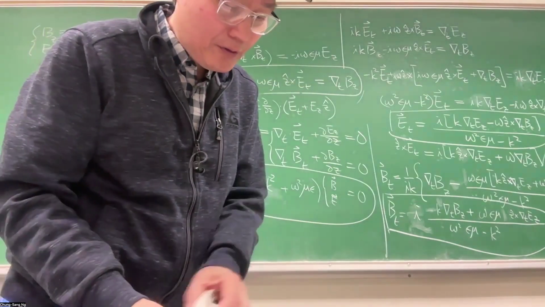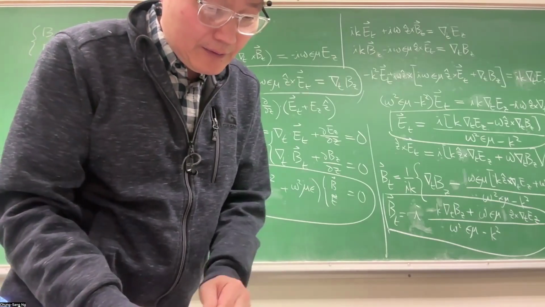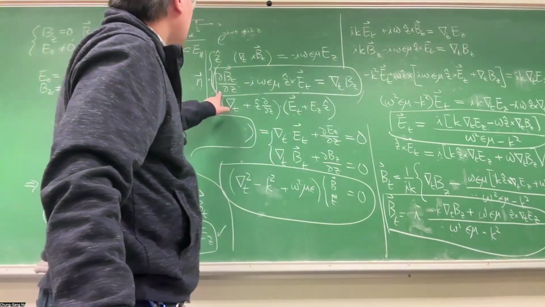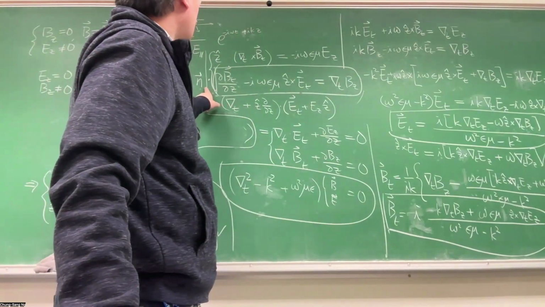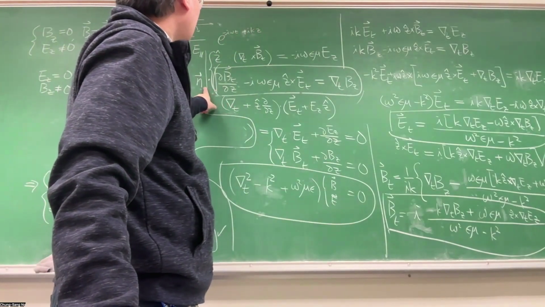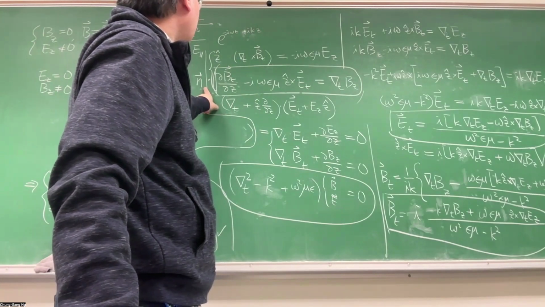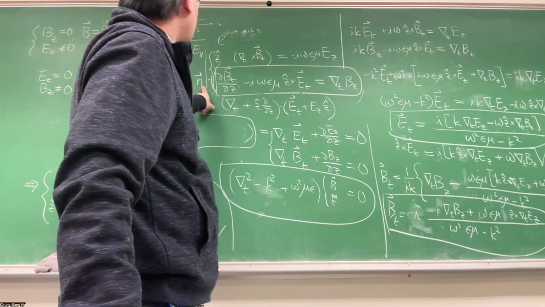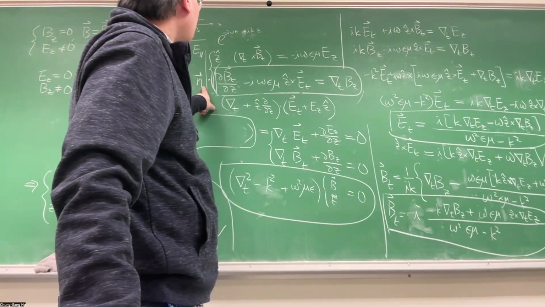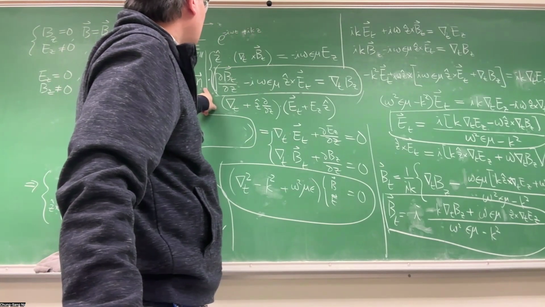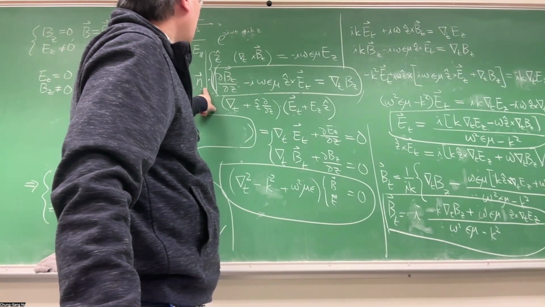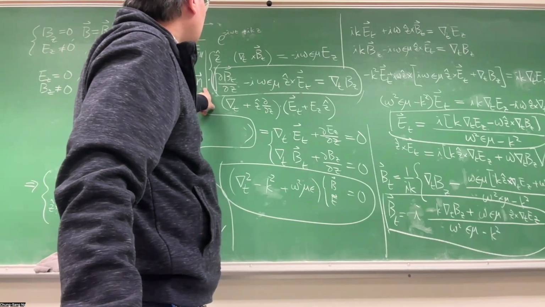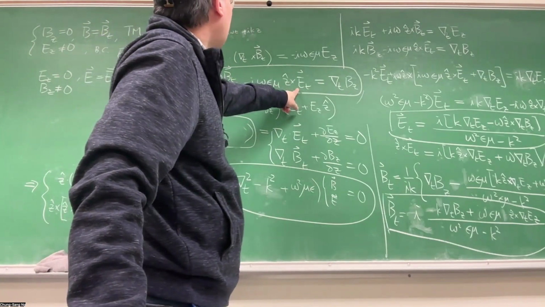You can cycle it through, so that should equal n cross E sub t.